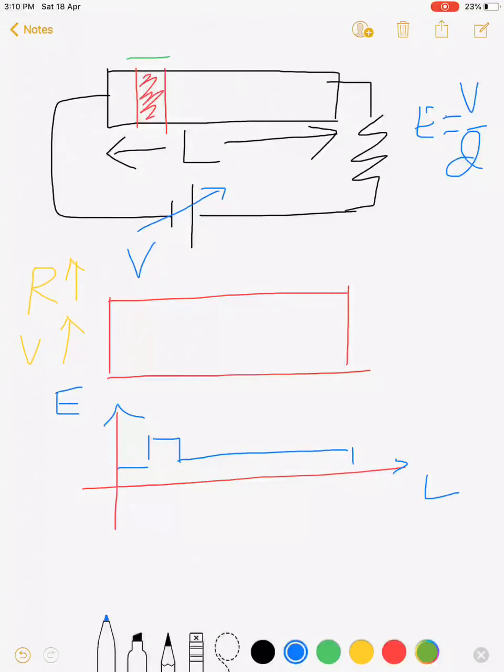Now if this intensity happens to be more than the critical value of the intensity in the J-E curve, suppose this intensity lies in this particular portion, and this is your A, the point A we have talked about, then something else will also happen.